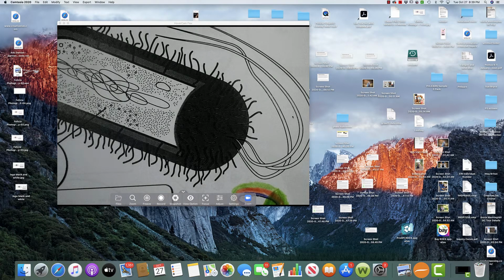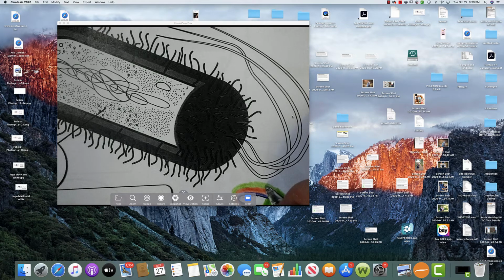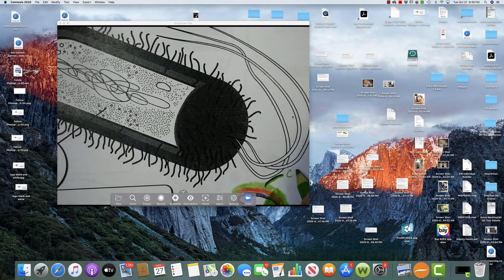The capsule is used to help protect the cell of the bacterium from interactions with other bacteria or just different areas in the environment. So this green piece right here, or maybe I should write it like this. This right here is the capsule. Yeah, I like that better.